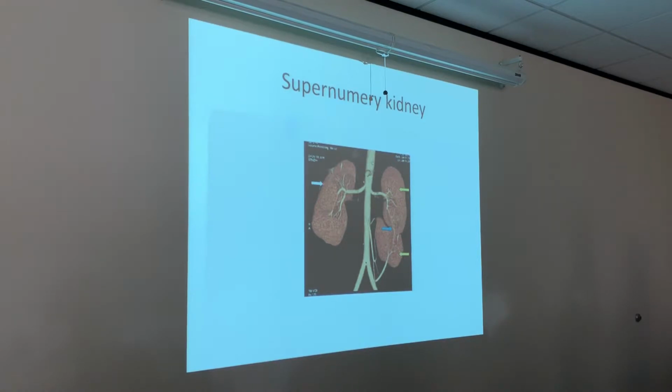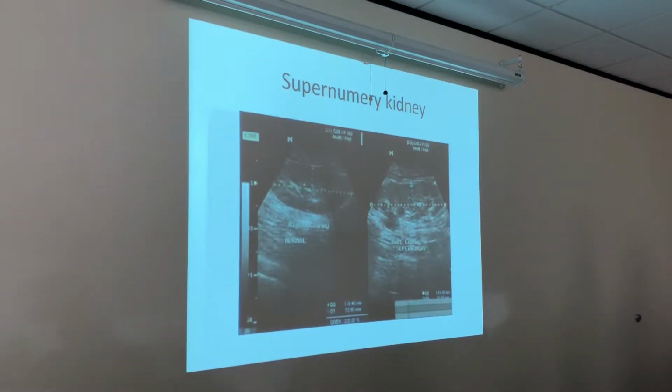Interlobar. Okay? So here you can see that... let me see, I didn't look at this picture. Here's the right kidney. And here is the left kidney. Superior. Supernumerary. So where is it at? Is it above it? Because it looks like I have a membrane here.